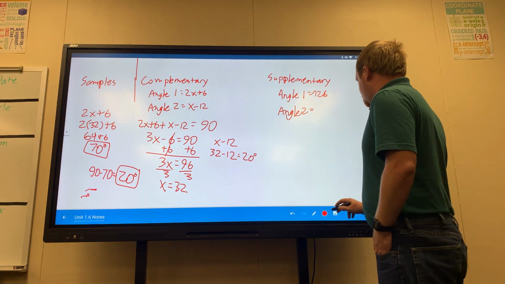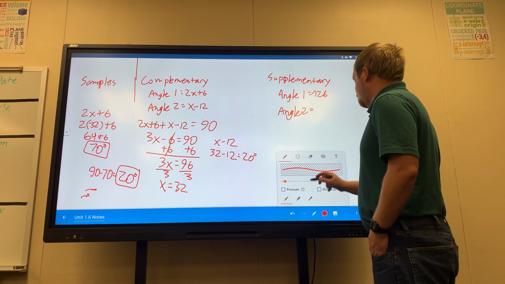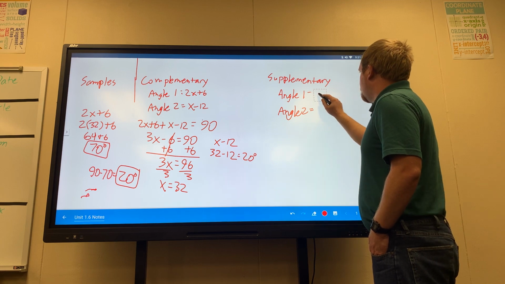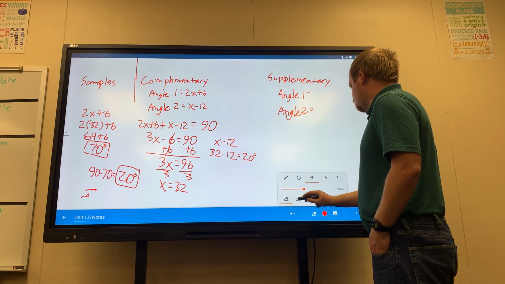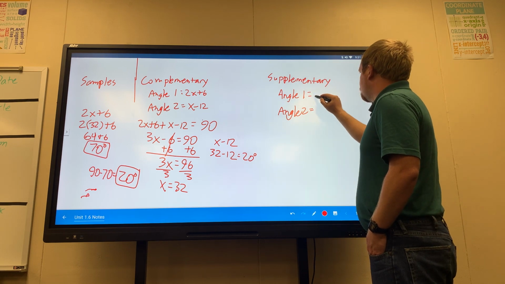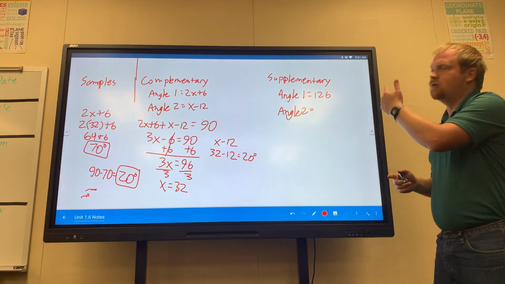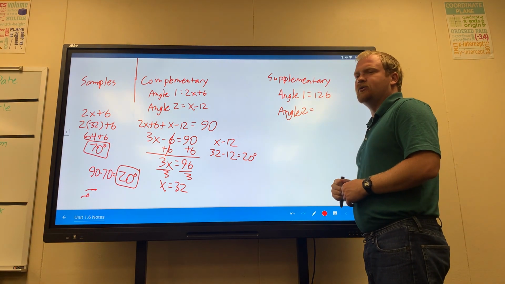Now, right here we have supplementary angles. I'm going to rewrite the 120 real quick. Okay. Now, we have a supplementary angle. Angle 1 is 126. We just have to find angle 2.